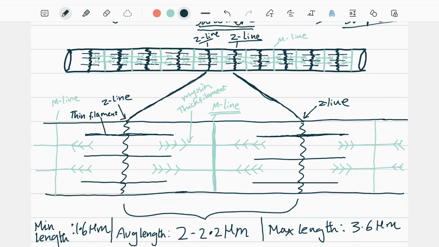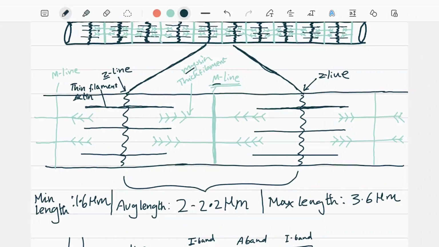But thin filaments, I want you to think of actin. So actin for thin filaments. There's also tropomyosin and troponin, and we'll talk about that later. So look at this, A to Z. Actin comes from the Z line. Myosin, M from the M line. That's how you remember this stuff.